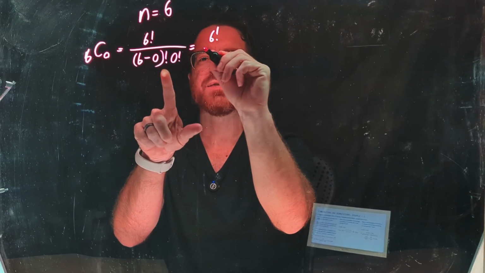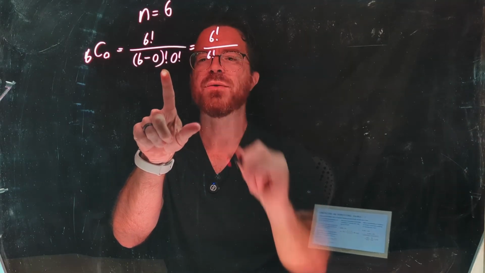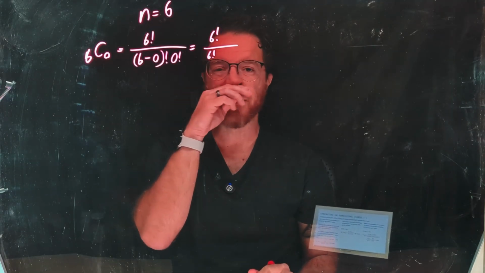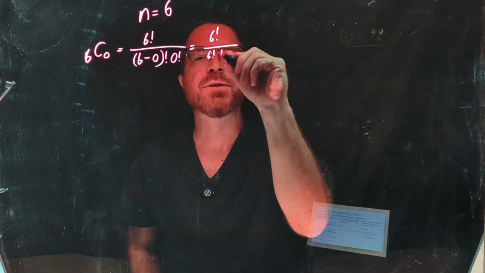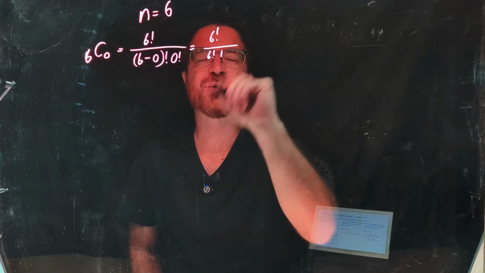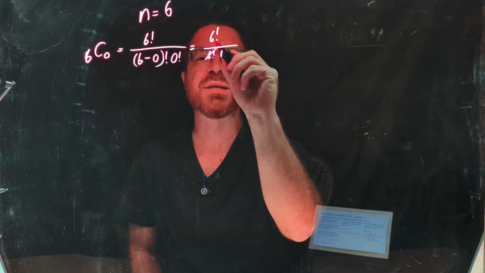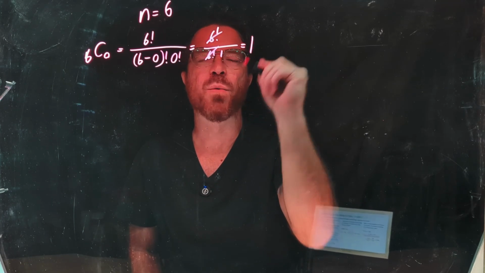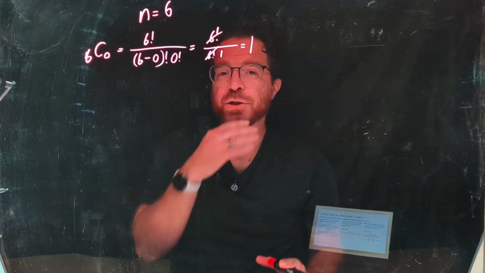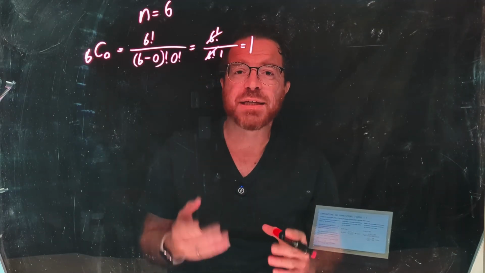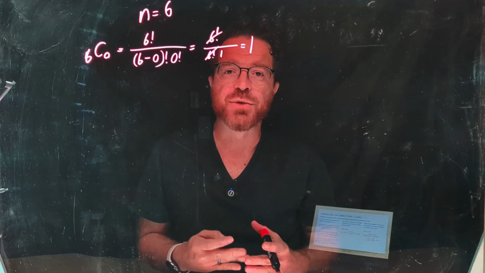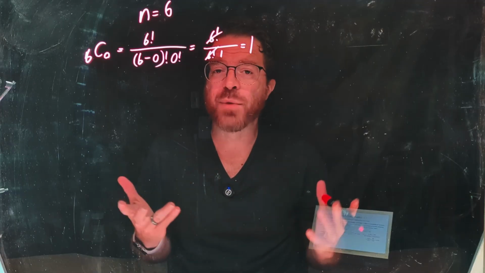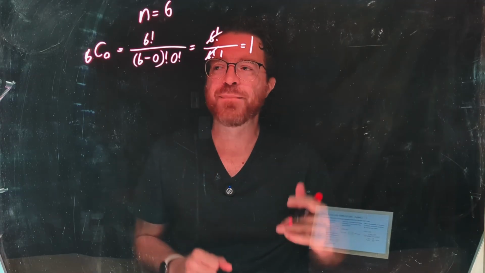So we're going to get 6 factorial over 6 factorial. 0 factorial is going to be equal to 1. So this means that it is going to be 6 factorial over 6 factorial, which means that we have 1. And what this really translates to is, if I have 6 objects, how many ways can I choose none of them? Well, I have one way I can do it. I don't choose any of them.